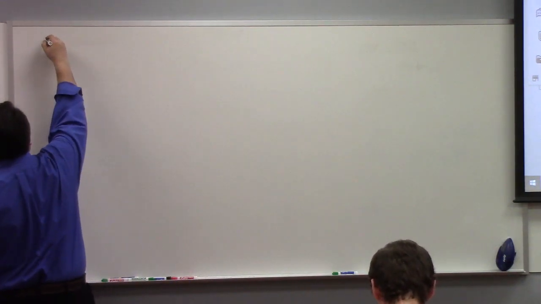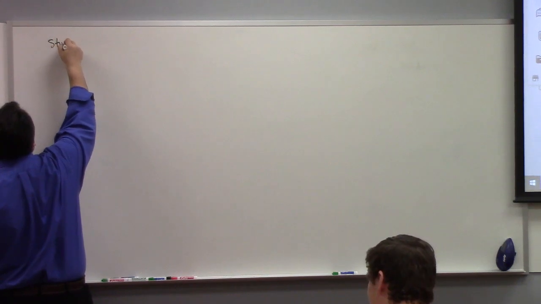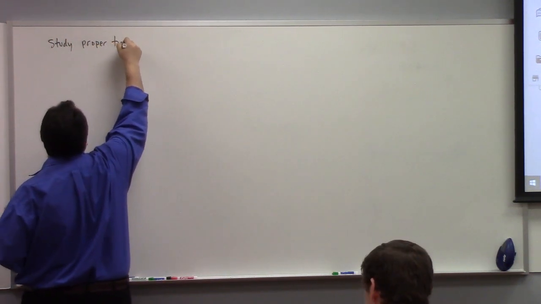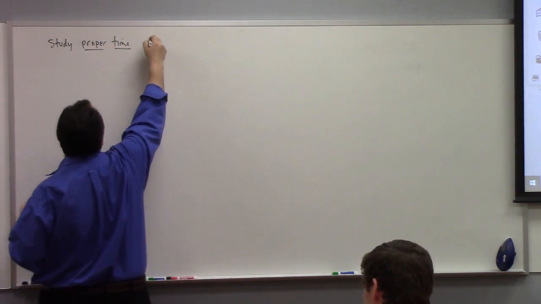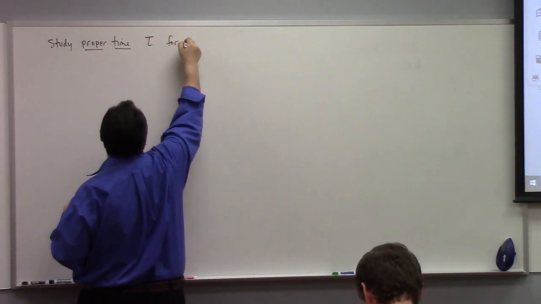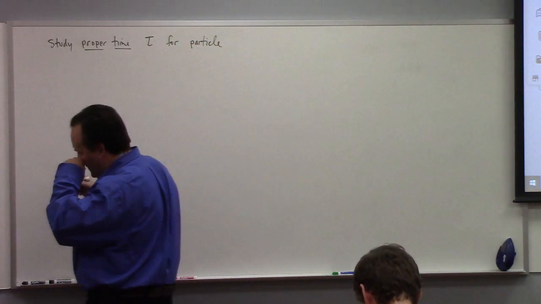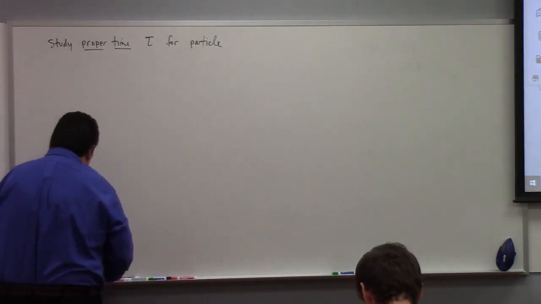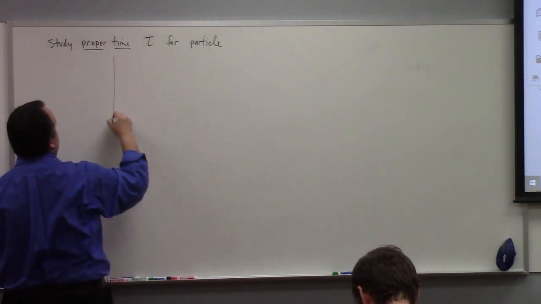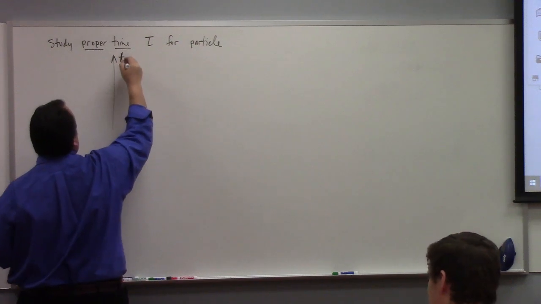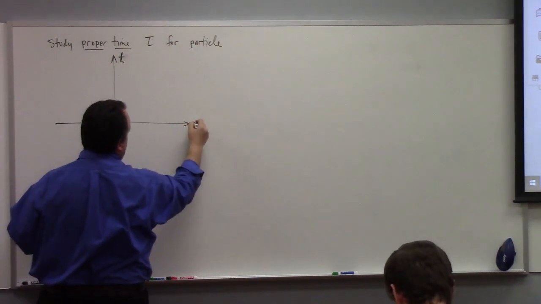So you study proper time, proper time tau for a particle. The way to think of this is if we think about our space-time diagram. Here's time, and here's space, let's say.